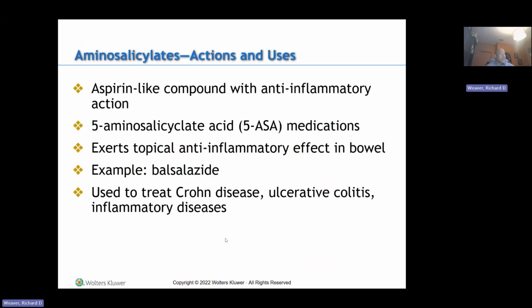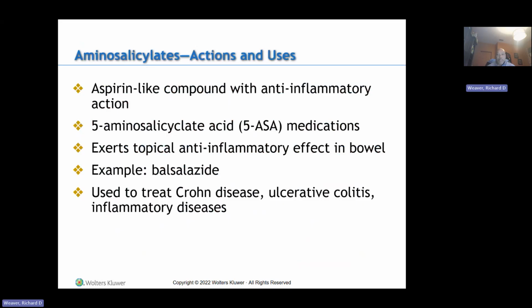All right, so let's take a look at the aminosalicylates. What I want you to focus on is where it says salicylates. When you think about salicylates, that is the generic name for aspirin, right? So this drug has an aspirin-like compound in it. Aminosalicylates are aspirin-like compounds, and they have anti-inflammatory actions.